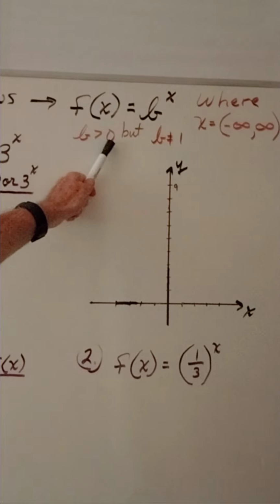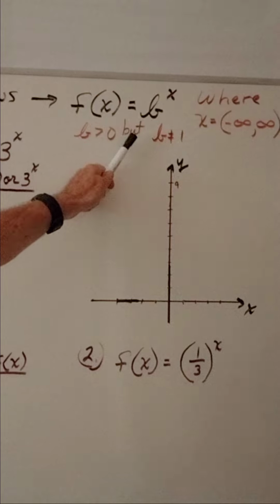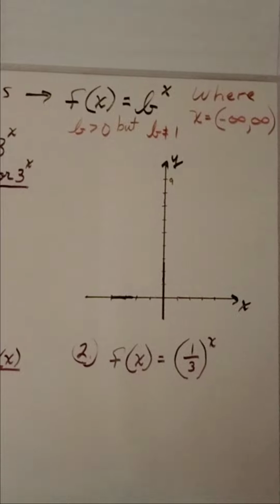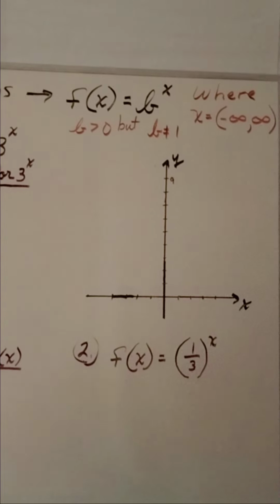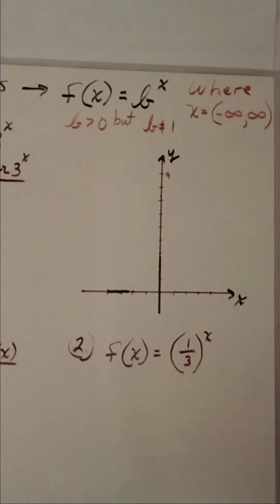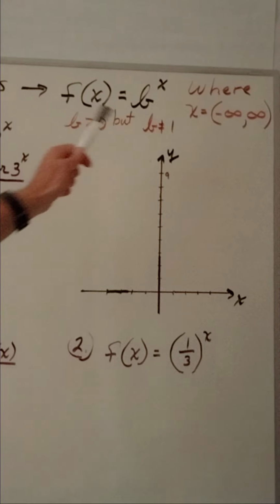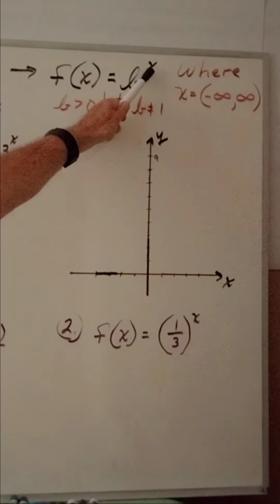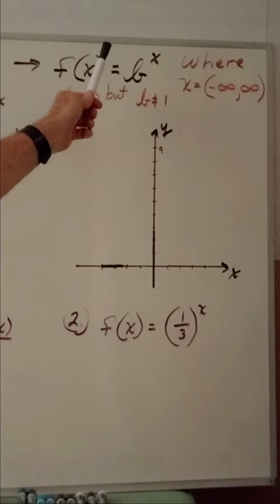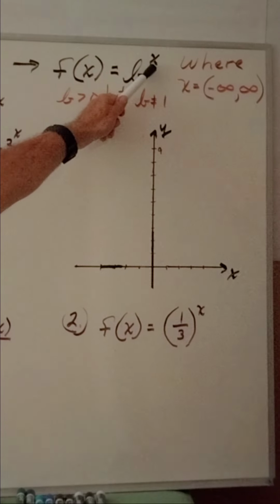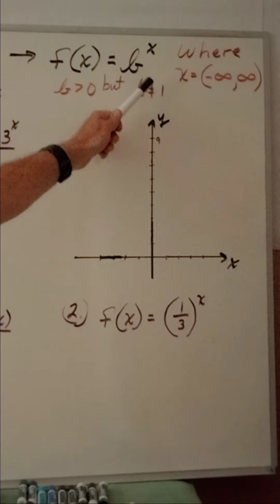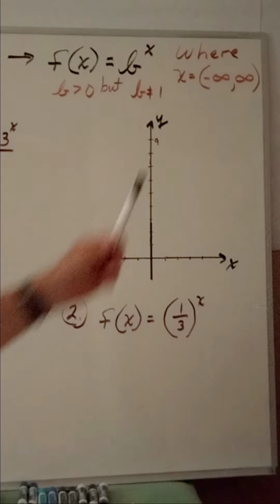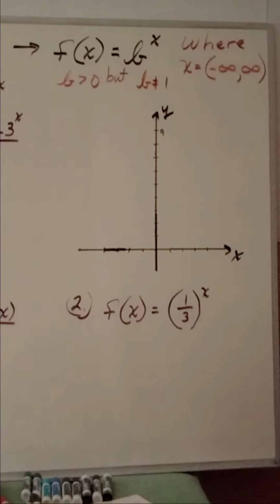The b must be greater than 0, but with one restriction: b cannot be equal to 1, because 1, if it were the base taken to any exponent value, would remain 1. The variable x, yes, it is called the domain. The variable x, functioning as an exponent, is able to be any real number. I express that in interval notation.